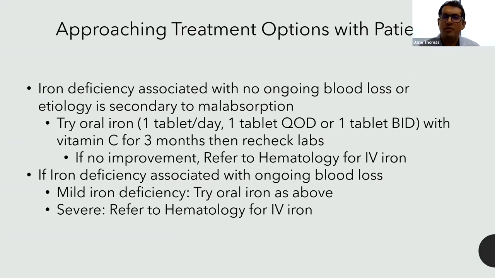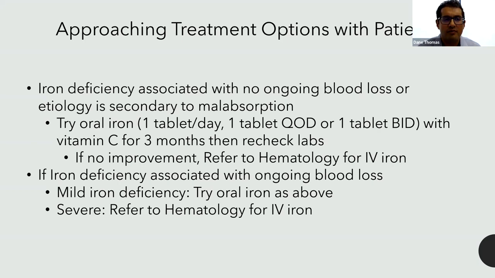When approaching treatment options with patients, it can be difficult, and there are several factors you want to take into account when trying to treat your patients with iron deficiency.